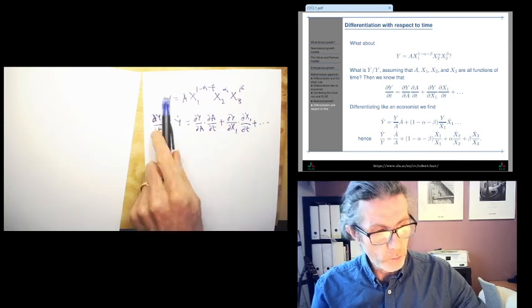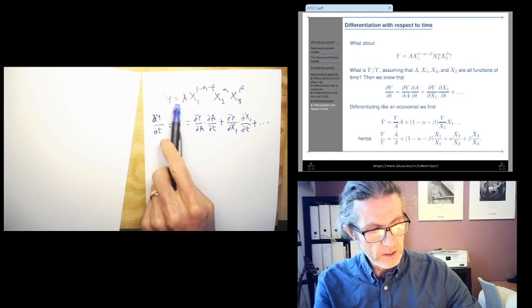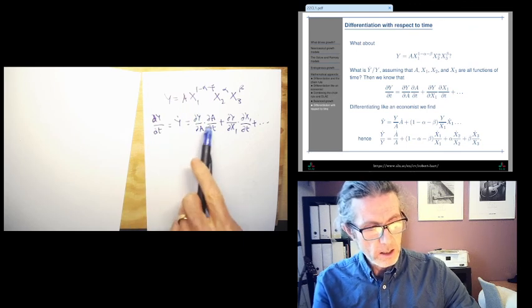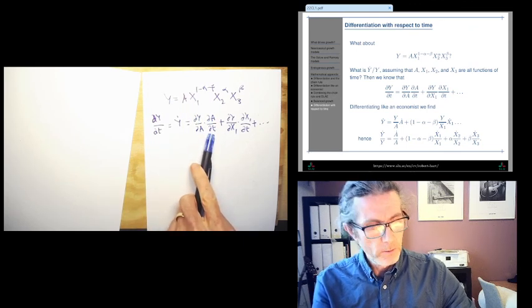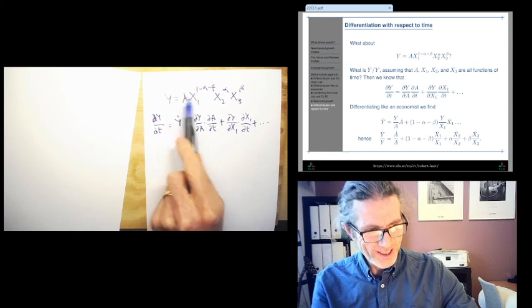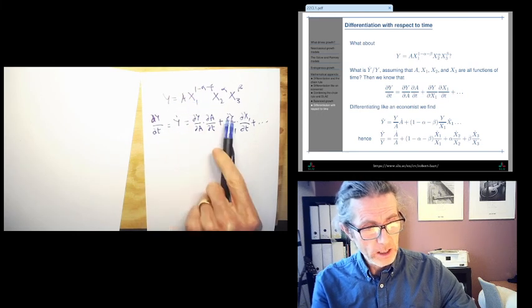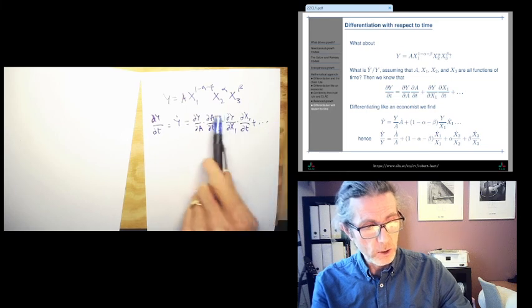How sensitive is y to a, and how much is a changing with time? Plus the sensitivity of y to x1, and how much x1 is changing, and so on.